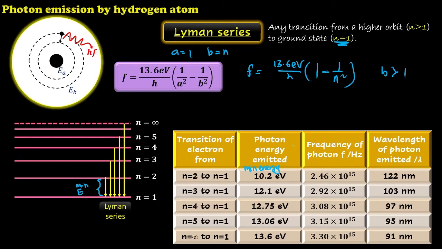And then because f is directly proportional to the energy in a photon, if you have minimum energy, it means you will have minimum f for this transition. So minimum f means you have maximum lambda.